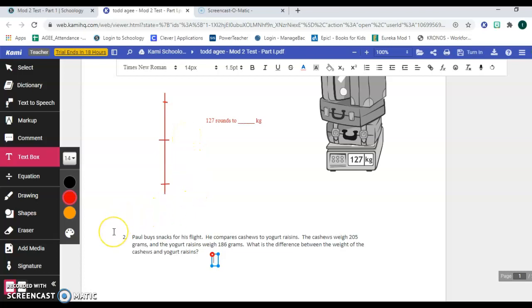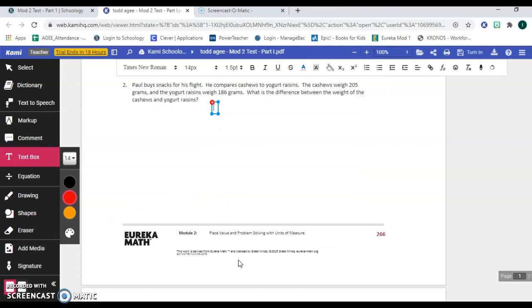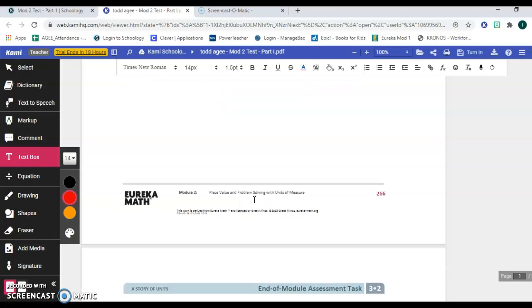So at 10 o'clock, when we meet together for our synchronous math session, that would be a great time to say, hey, Mr. Agee, I've got a problem. I don't understand what I'm supposed to do on this question. Don't be afraid. I'm here to help. This is what my job is, and I know it might be daunting to do it in front of your classmates, but that is what the expectation is. If you're having trouble, you need to let me know.